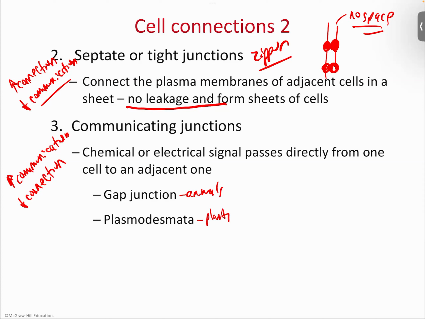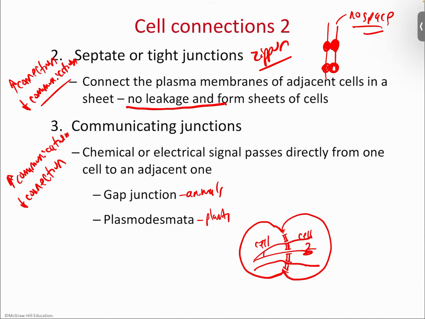When you have a gap junction, you have two cells that are connected by these little channels, these gaps, so that what happens in cell number one in the cytoplasm will immediately rush through to cell number two. So what happens to you happens to me simultaneously.